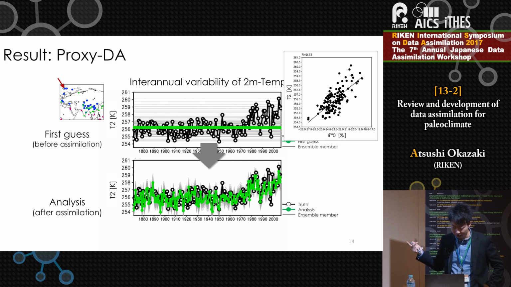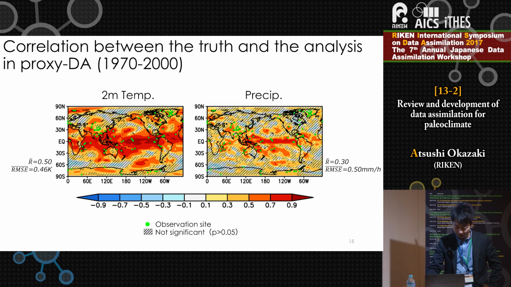So this figure is the same as the previous one, but for 2-meter temperature. You can see that the analysis still follows the truth. This is because the isotope ratio is somewhat correlated with temperature at this point. Then I compared the correlation between the truth and the analysis for every grid point for temperature and precipitation. The green dots show the observation sites, and the hatched area is where the correlation is not significant.